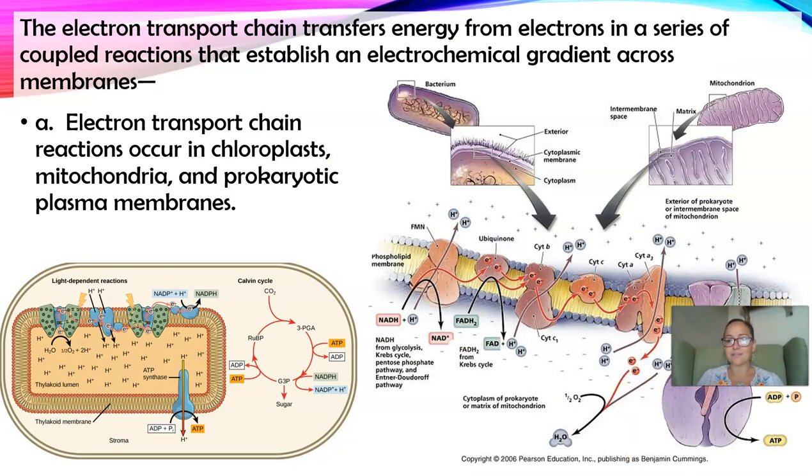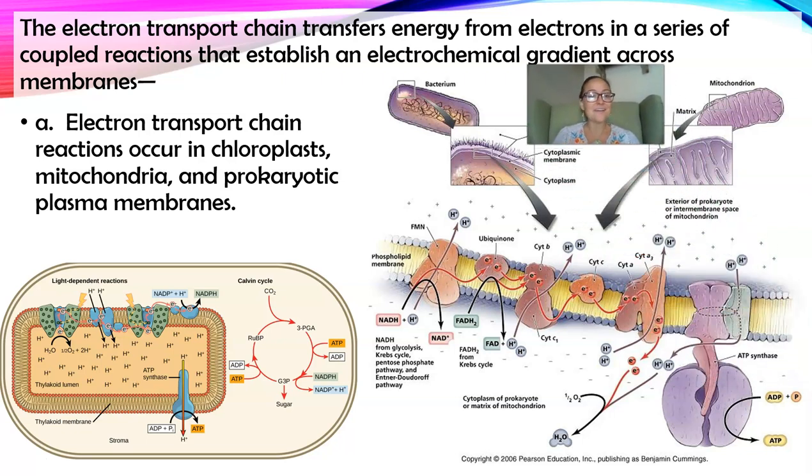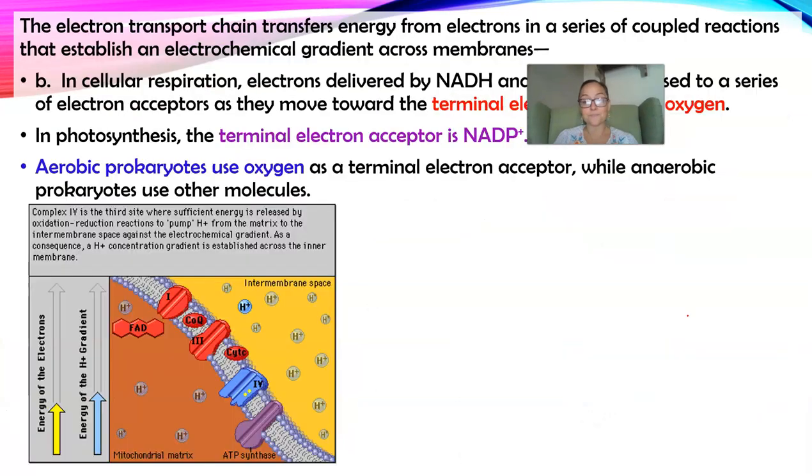So this is kind of an intense picture. But when we look at here, the electron transport chains can occur in chloroplasts and mitochondria, as well as the prokaryotic plasma membranes. So we saw the electron transport chain in the light reaction earlier, but it also is occurring in the mitochondria.